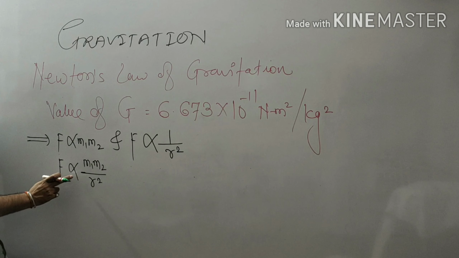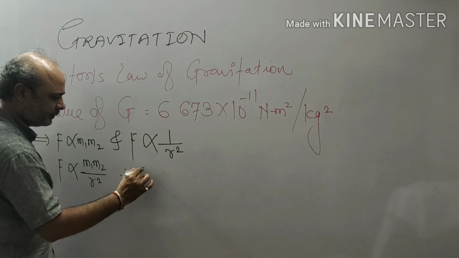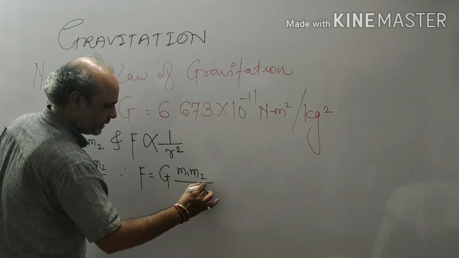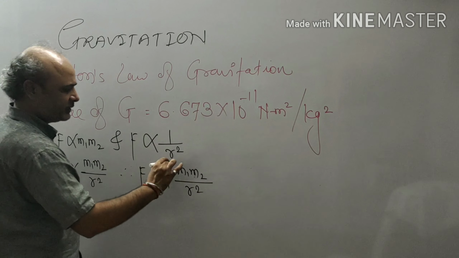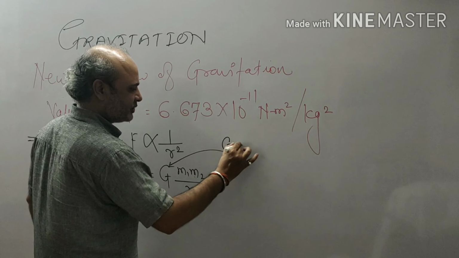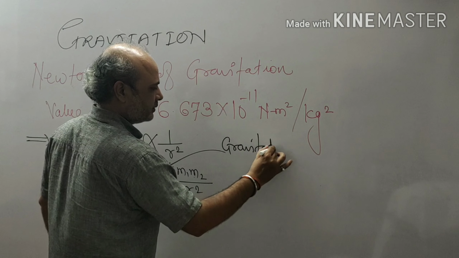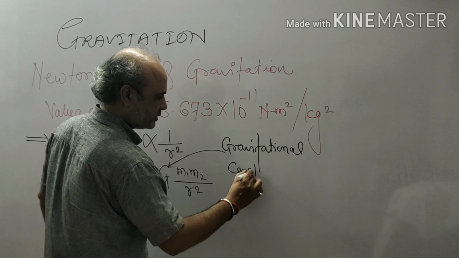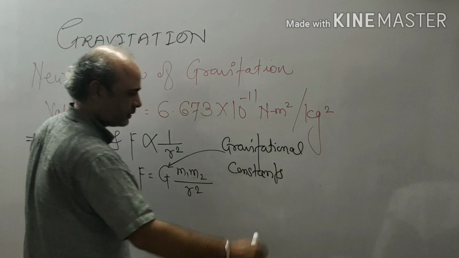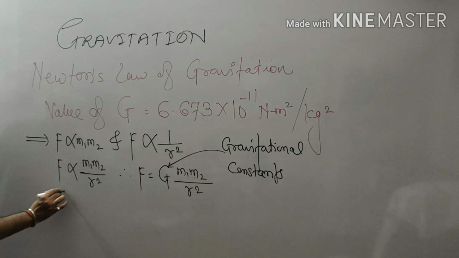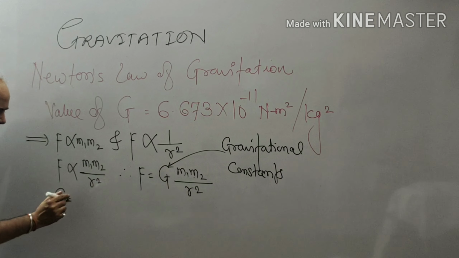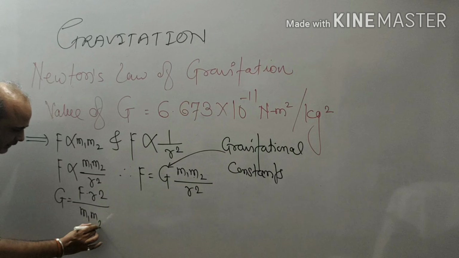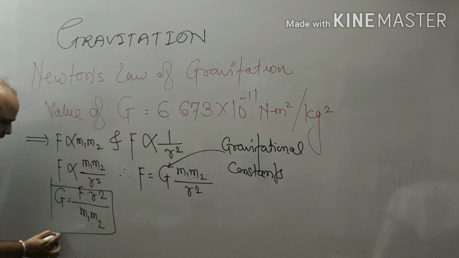When you remove the proportionality sign, you write force is equal to G m1 m2 divided by r square, where G is called the gravitational constant. And how do we find the value of G? G is equal to F into r square divided by m1 m2, by cross multiplying.